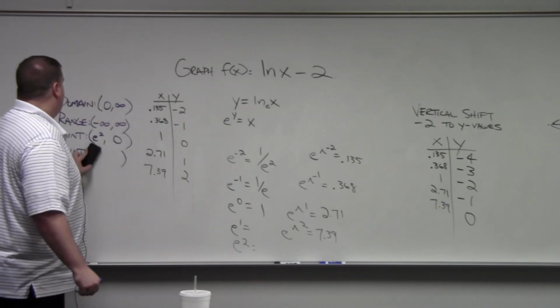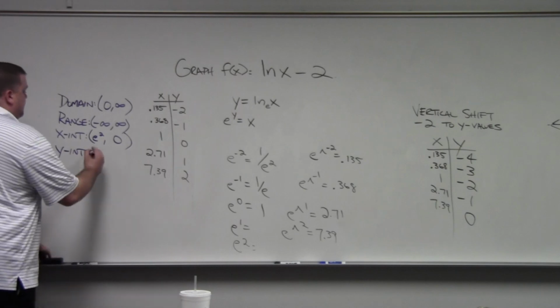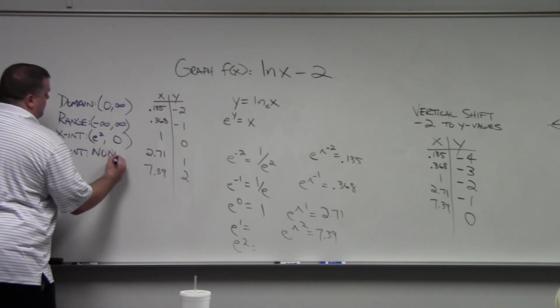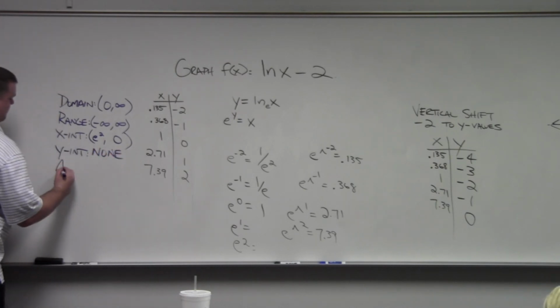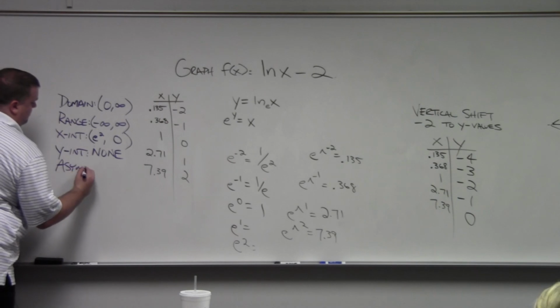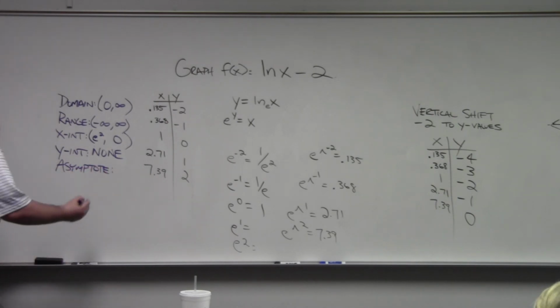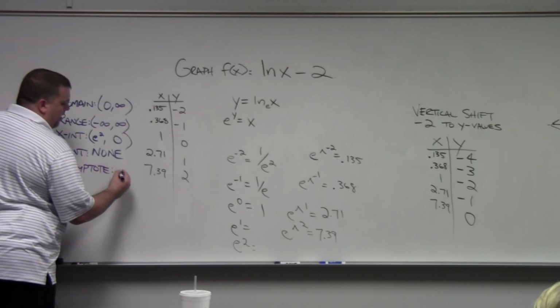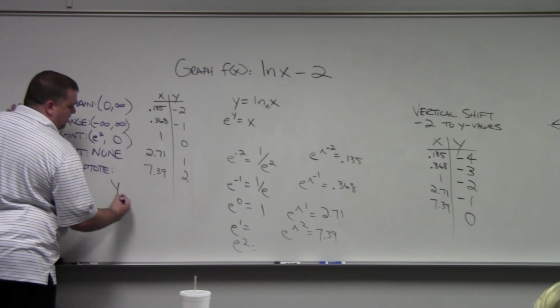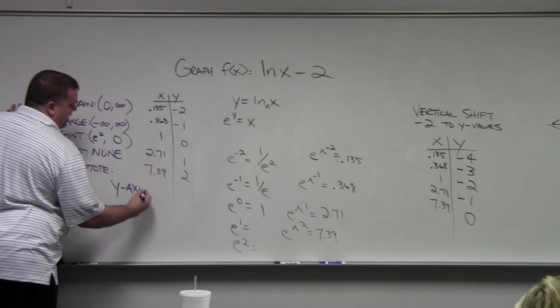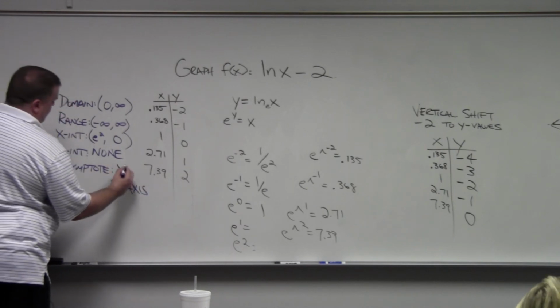No. Because the y-axis ends up being our asymptote. And our asymptote, what would the equation of that line be? It's the y-axis. But what's the equation of a line that is the y-axis? X equals 0.